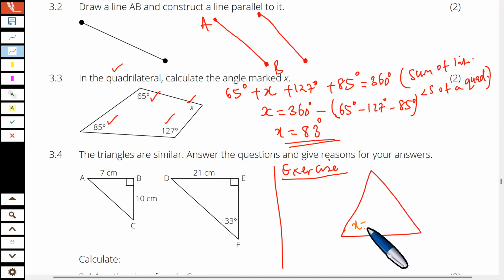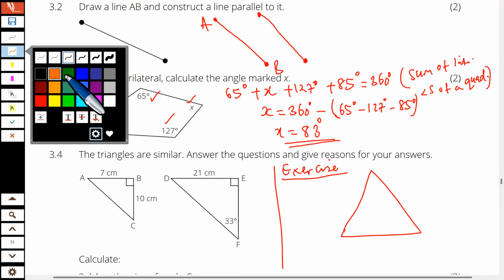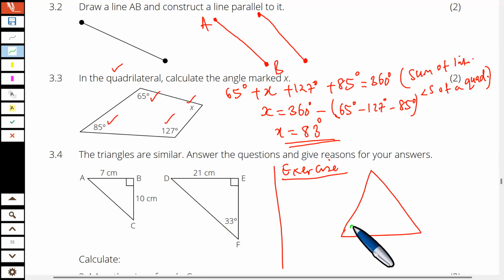Let me just remove this one. Okay, let's take this one, doesn't matter. Right, so if you have this one here is x plus 5 degrees. This one is 5 degrees.